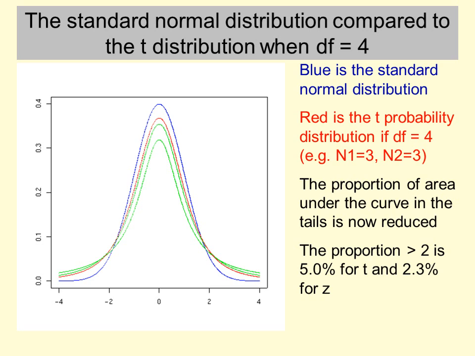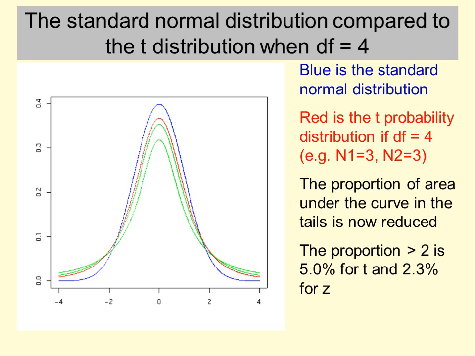And you can see that the red curve is starting to look a bit more like the blue curve compared to the 2 green curves. And now the proportion of the area under the curve that is greater than 2 is down to 5% for the t distribution compared to 2.3% for the z distribution.